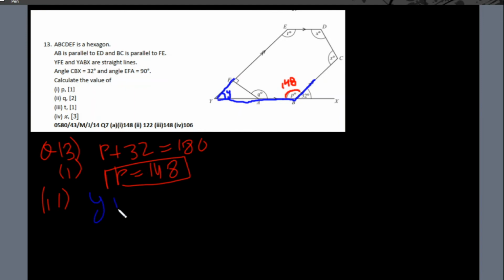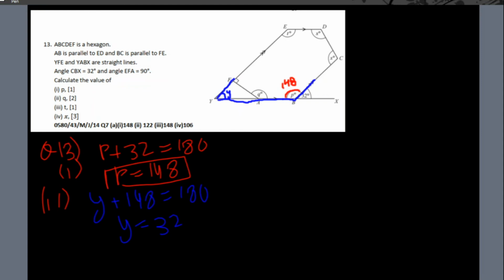So y plus 148 equals 180. So y equals 180 minus 148, which gives us 32.